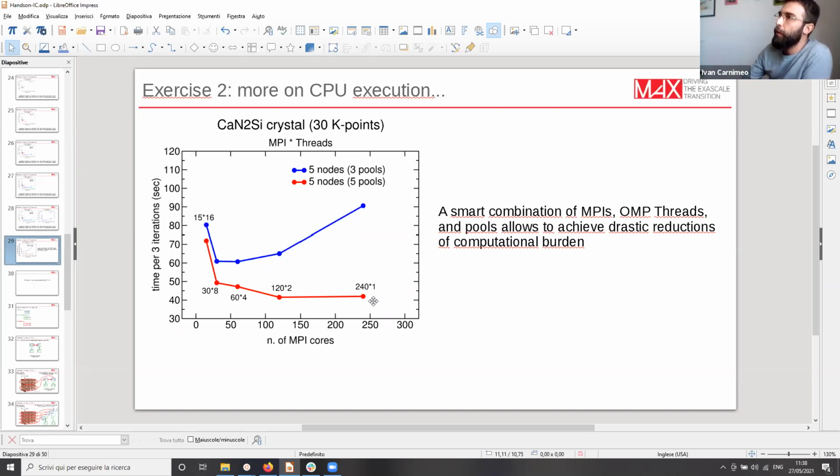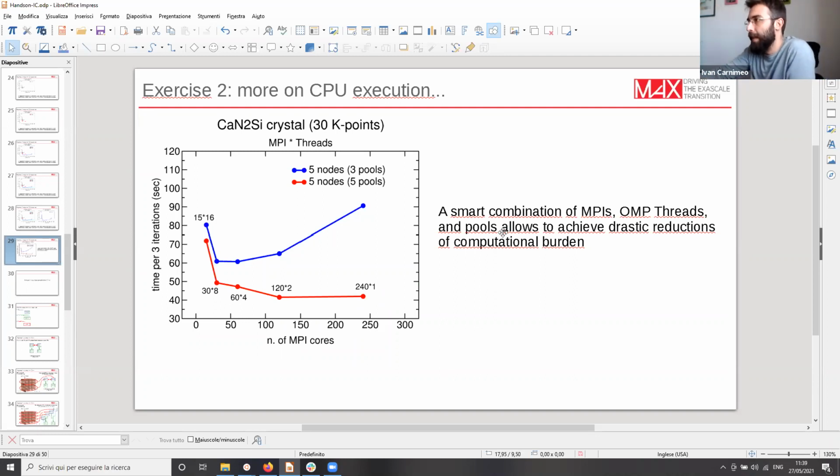So the more you can fit the pools inside nodes, the faster the calculation. You have to avoid having pools that are split among different nodes, because if you have one pool split across 2 different nodes, the 2 nodes will need to communicate with each other and you will lose performance.